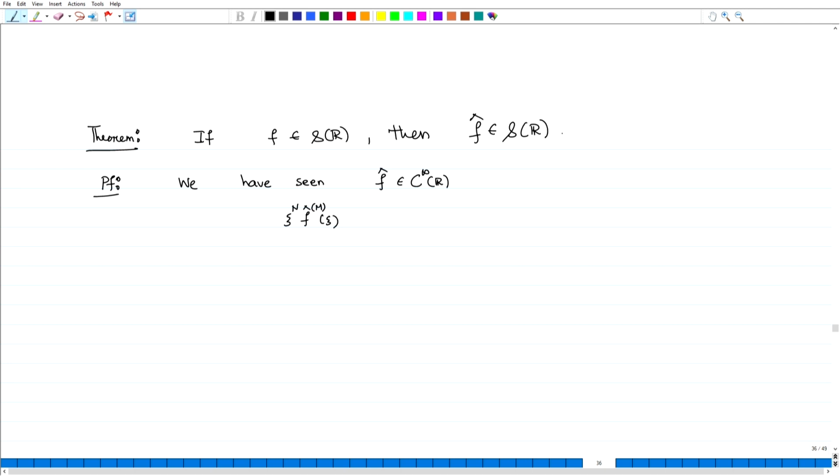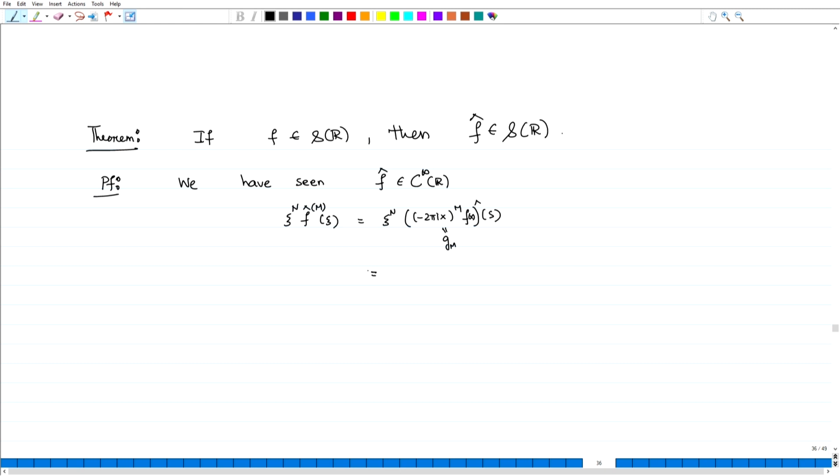So, this is equal to xi to the power n times the Fourier transform of minus 2 pi i x to the power m f of x at xi. Let us call this function g m.